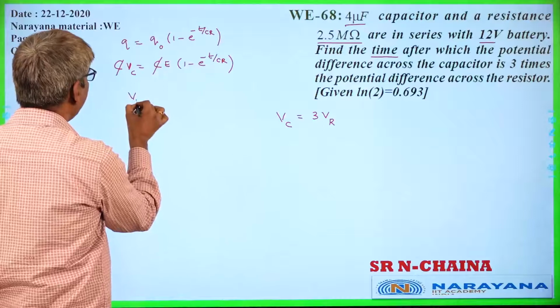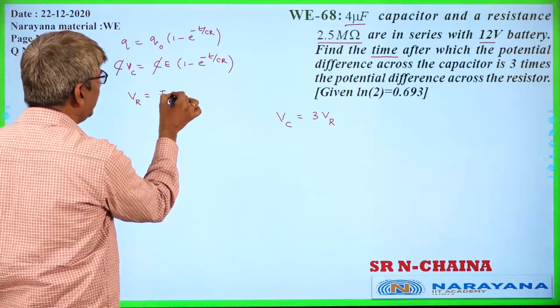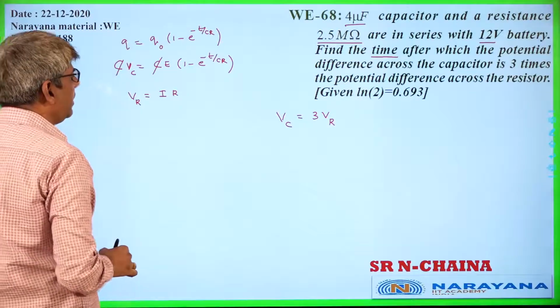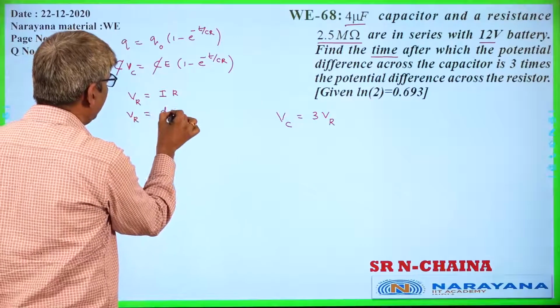Next, VR. VR means the potential difference across the resistor, which is I into R. To get the value of I, we can write I as dq by dt.